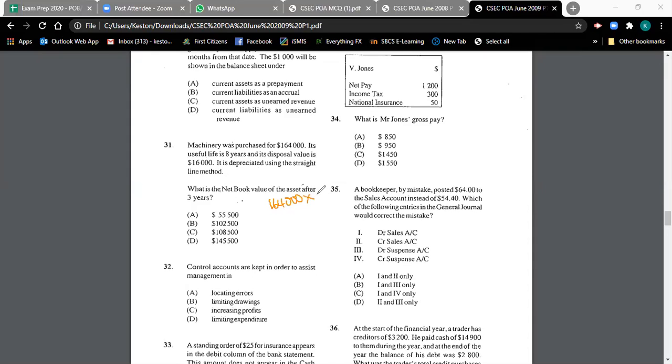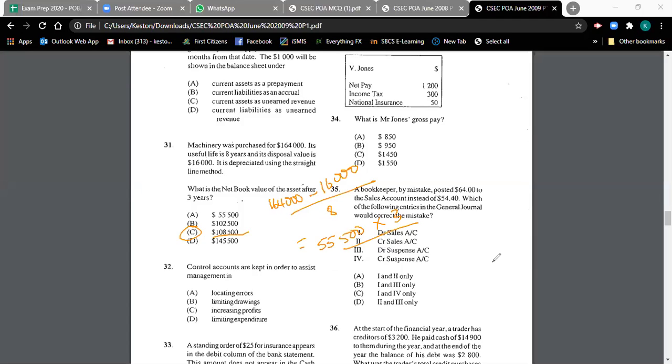164, sorry, minus 16,000 divided by 8, gives me like what, 55,500. And when you multiply this by 3, because you're checking for 3 years, you should get 108,000, right? Sorry, my bad.